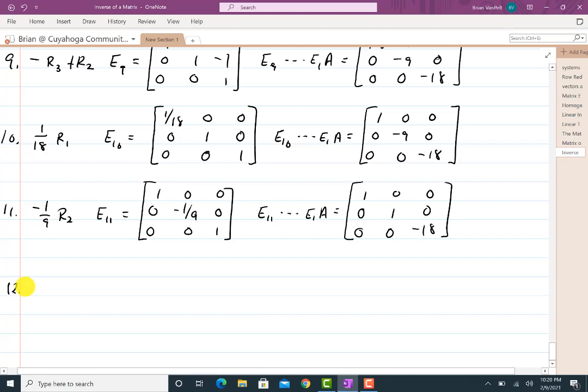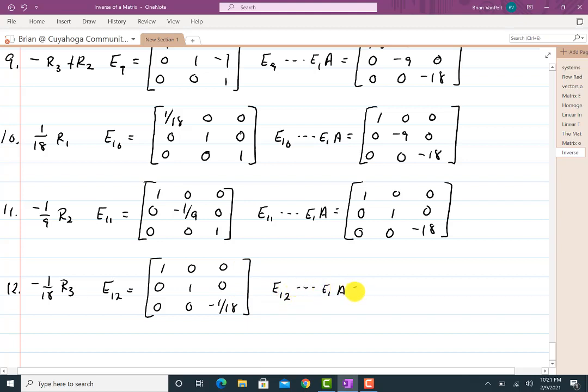Step 12, I will do negative 1/18 row 3. And then E12 dot dot dot down to E1 times A will finish off the deal.